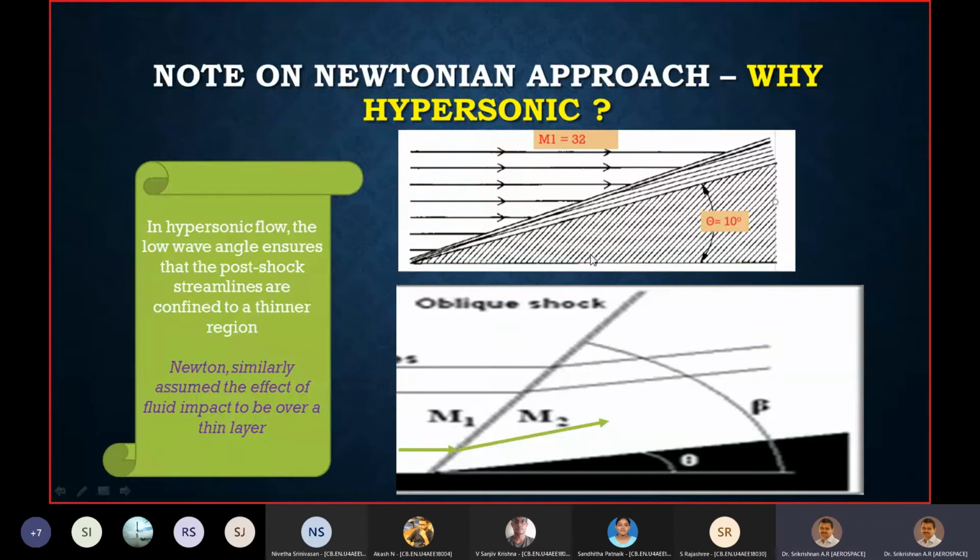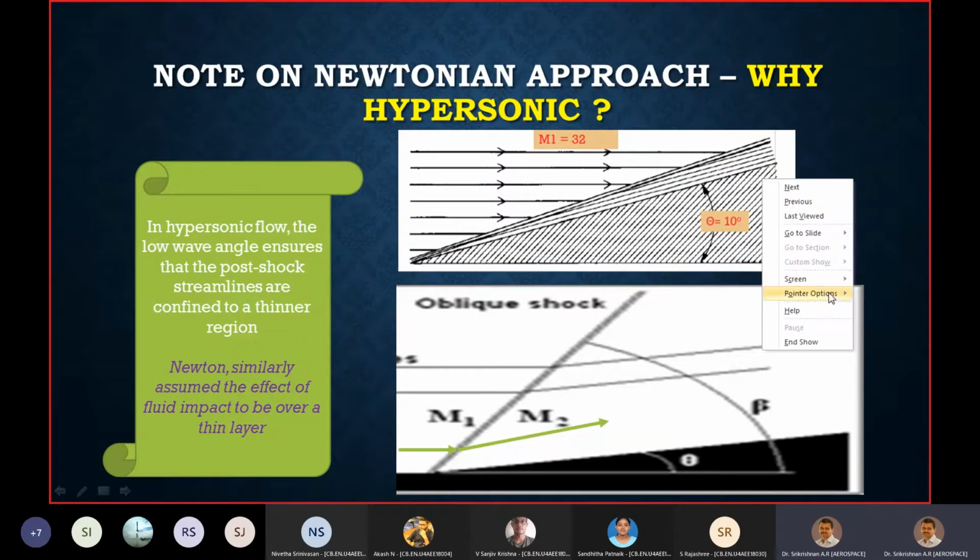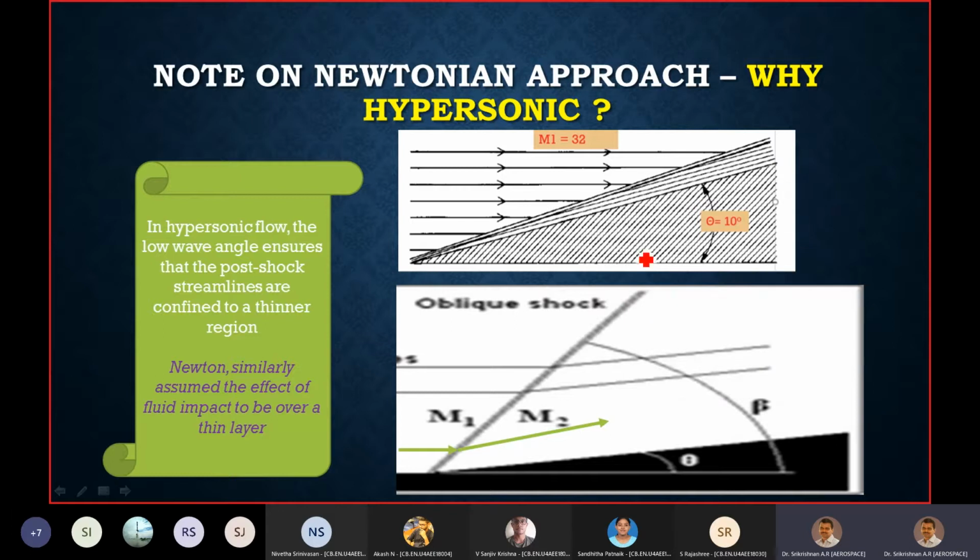Please see that here you have a corner angle theta of 10 degrees. That is, you have a compression corner where theta is 10 degrees, fairly low, not too low actually, but slightly on the lower side. And when you have a high Mach number like 32, just by using tables or that portal, you can check this.